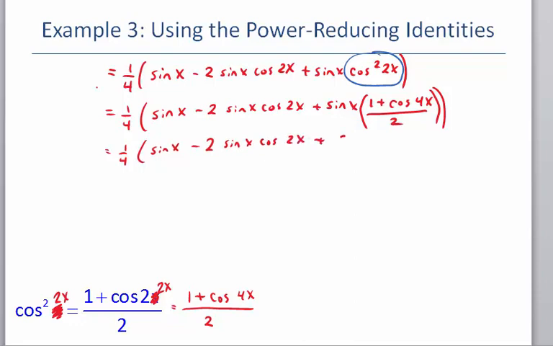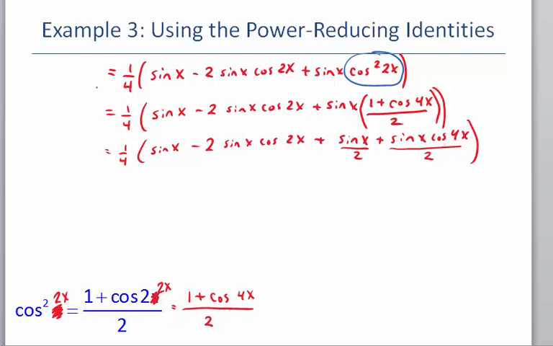So it becomes sine times 1, which is sine x, and then it becomes sine times cosine 4x. And both of these are over 2. Now, actually, what I'm going to do is break that fraction up so that each of those terms is over 2, because that will allow me to simplify a little bit easier. So I'm going to put the sine x over 2 and then this larger term over 2.